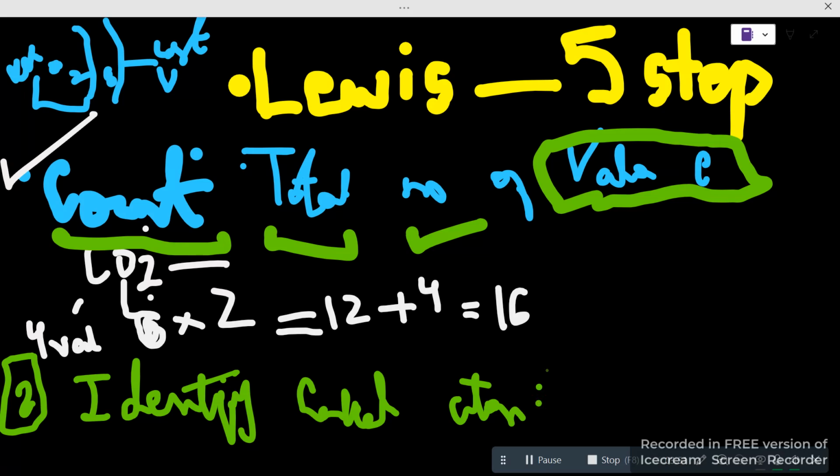How do you identify it? If I've taken carbon and oxygen, carbon would be central and oxygen would be on the side. How do I identify that? You can identify that by looking at which has the lower electronegativity. The one that has the lower electronegativity would be placed in the center.